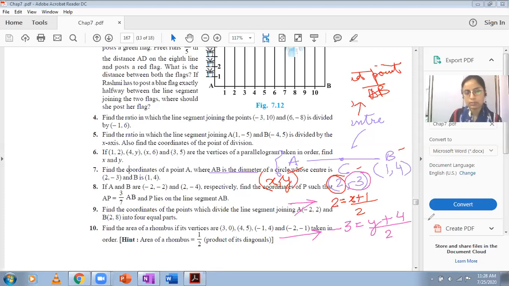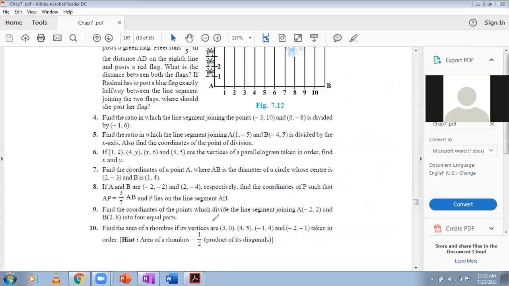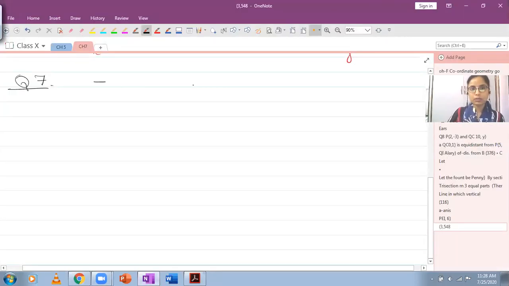Any questions? No, ma'am. All right, let's just write quickly. You can solve it with me or you can just note down. So AB is the diameter, C is the center, the coordinates of A, let's take them as (x, y). The coordinates of the center are given as (2, -3), and the coordinates of B are given as (1, 4).